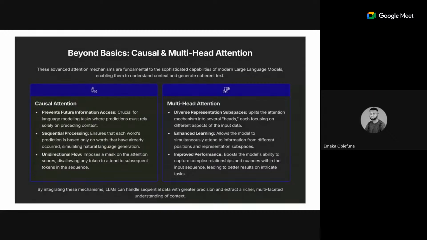Multi-head attention is simply when you take this causal attention and your self-attention. In fact, multi-head is just when you have multiple stacks of your self-attention. But at the same time, we also have to implement this causal or masked attention in it.